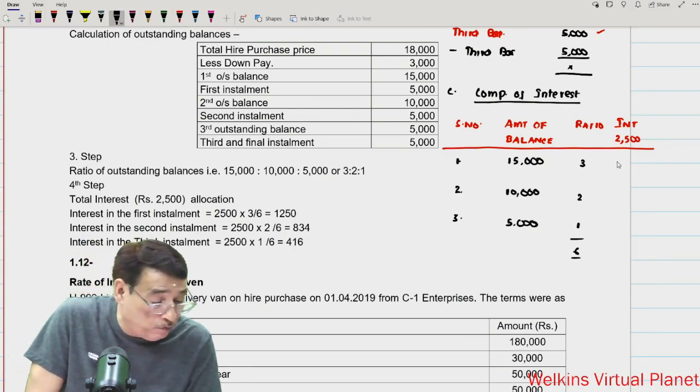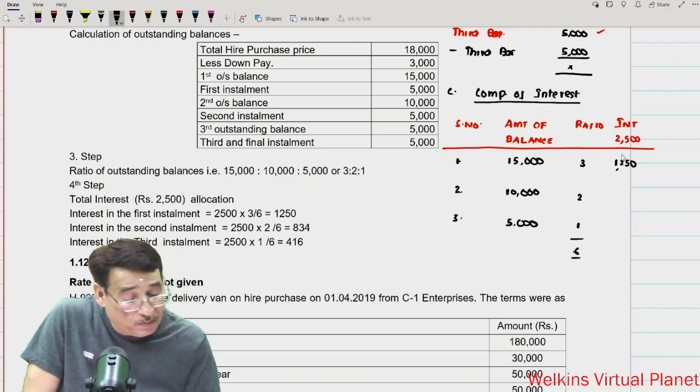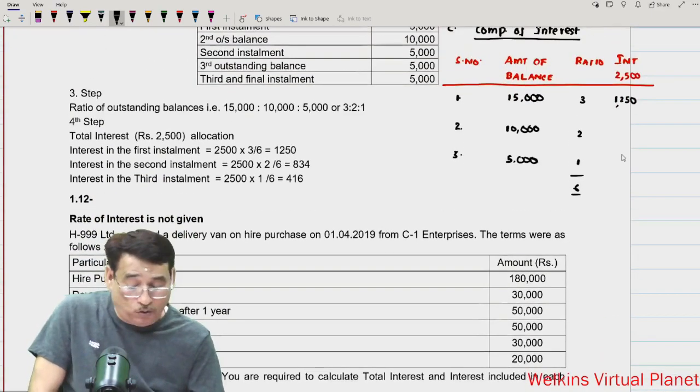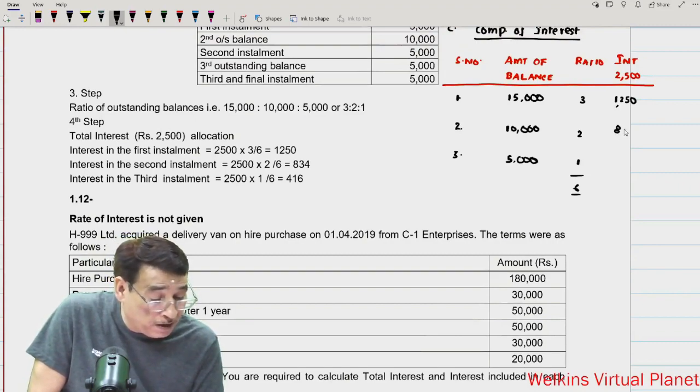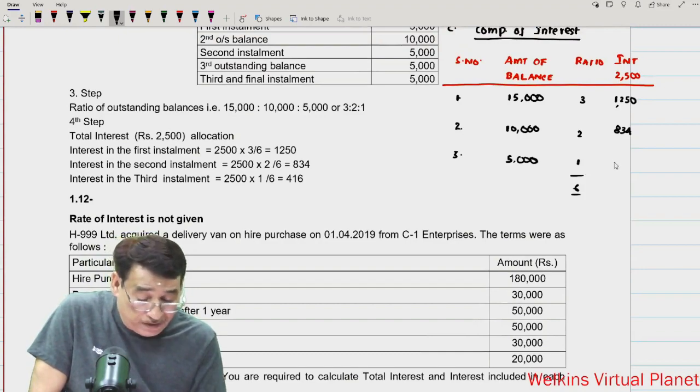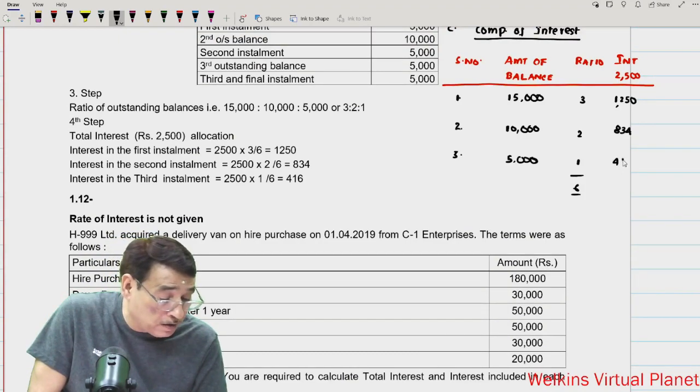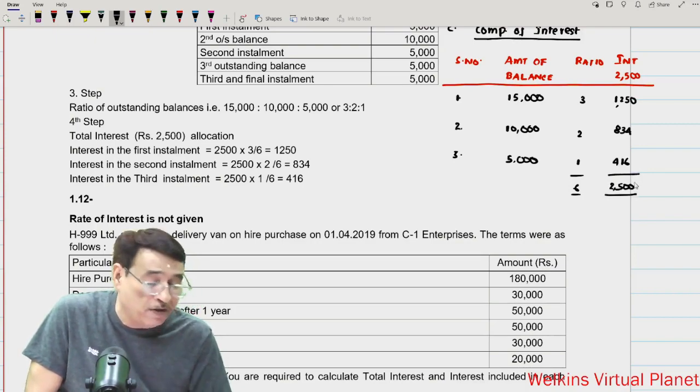That will be equal to 1,250. And so on. Similarly, 2,500 into 2 by 6, you are going to apply. That will be equal to 834. 2,500 into 1 by 6, that will be equal to 416. So this is how you are going to find out the interest.